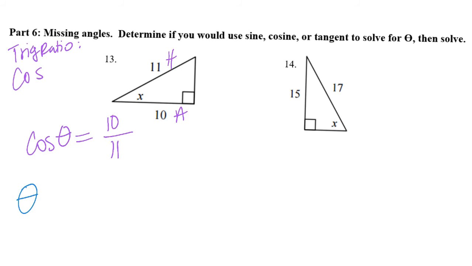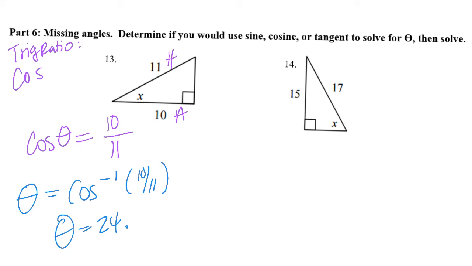And remember, to solve for that unknown angle, we do the inverse cosine of 10 over 11. So you want to type that in your calculator. Remember, you hit second and then cosine, and it'll give you that cosine with the -1. So then it'll say 10 divided by 11, which means your angle is 24.62 degrees.